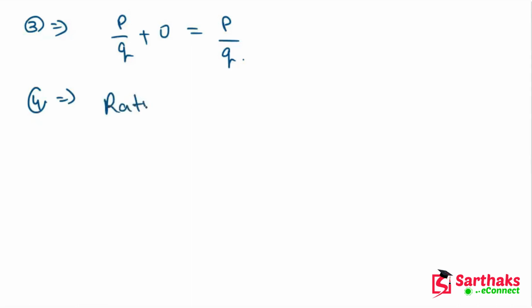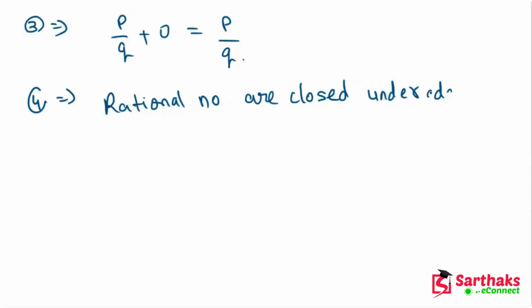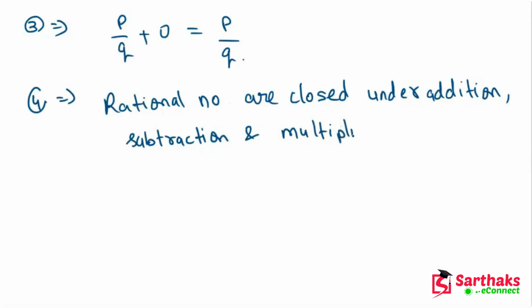Means rational numbers are closed under addition, subtraction and multiplication. We are not talking about division.